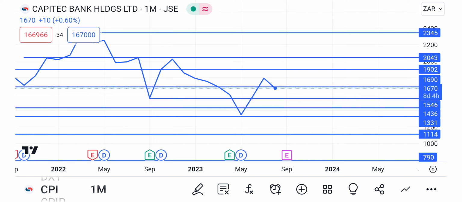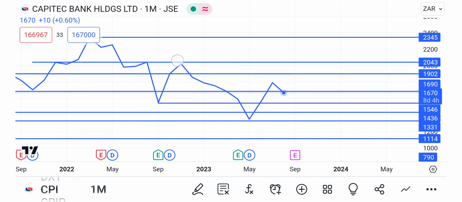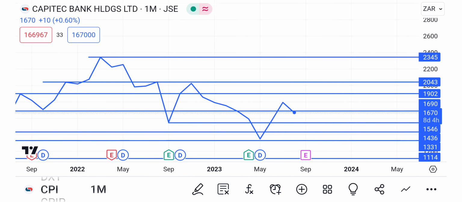Are you investing at the right time, or are you investing at the wrong time? Because a person who bought Capitec shares here, wanting maybe 5 shares, when it reached 13 to 14,000, 15,000, then that person lost value from 2,345 to 1,331.